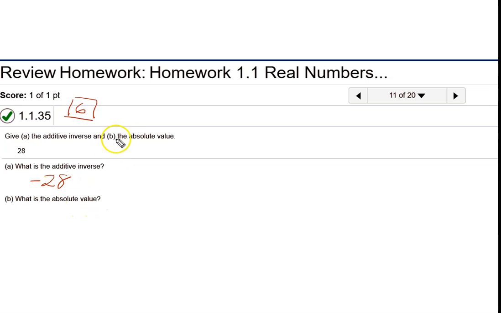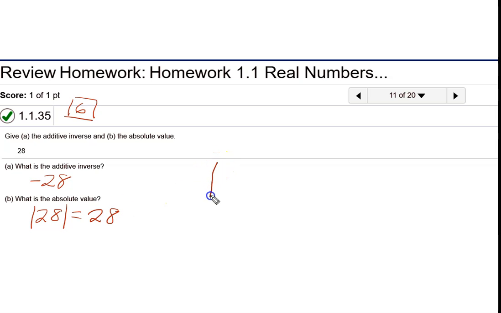And the absolute value of 28. And we write absolute value with vertical lines. Again, this is an operational symbol, is its positive value.